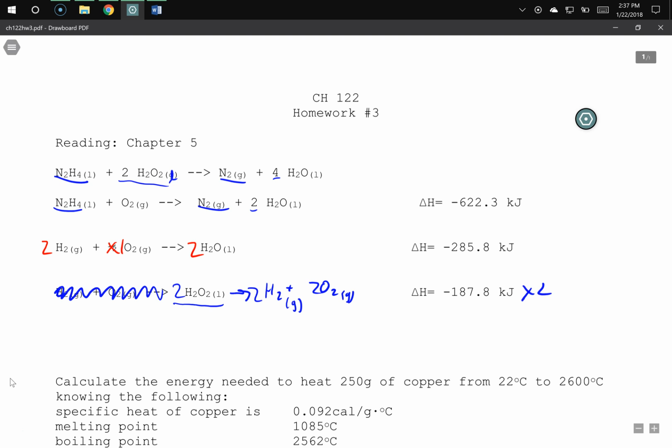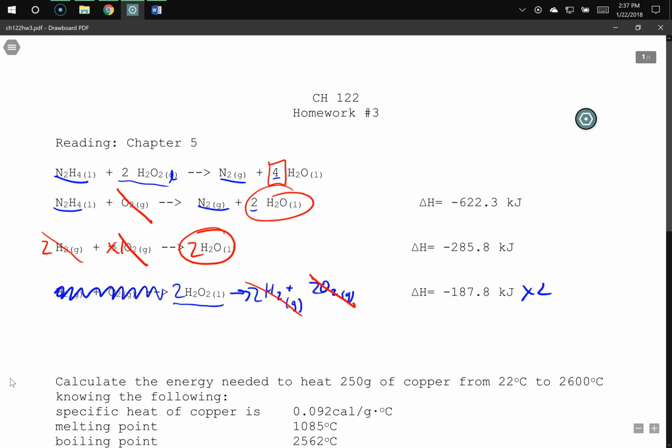And so then I get my hydrogens canceling out. There's 1 oxygen, there's 2 oxygens, and there's 2 oxygens to cancel out. And then there are 2 waters and 2 waters, which gets me up to my 4 waters. So over here, I just need to double that. Oh, I forgot to flip the sign on that one.